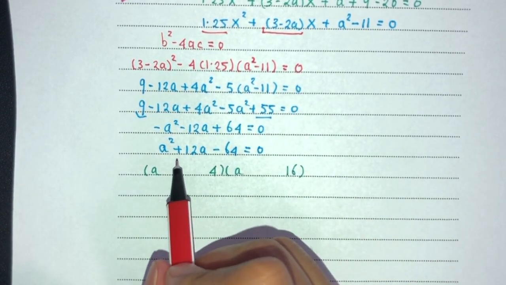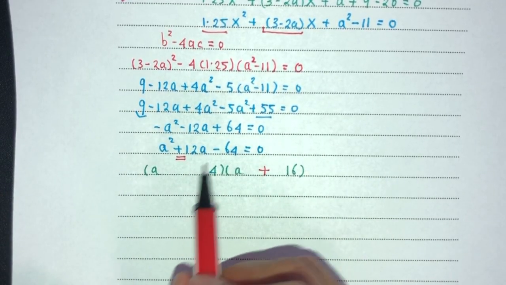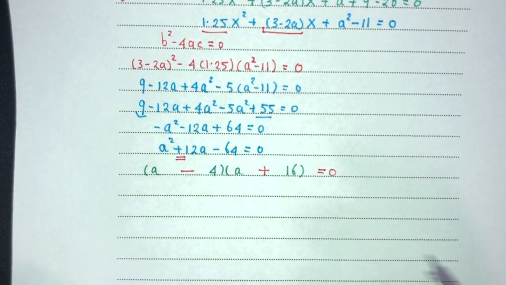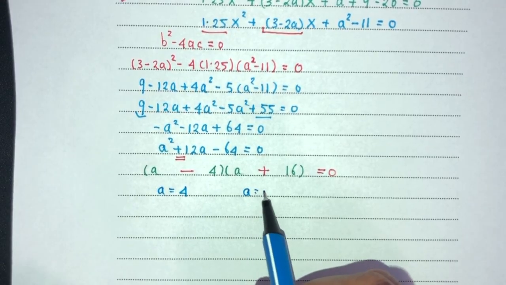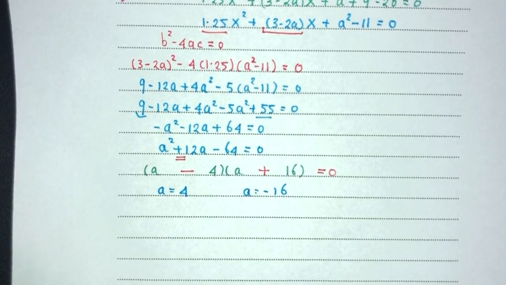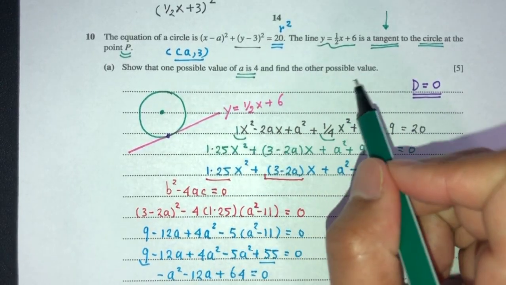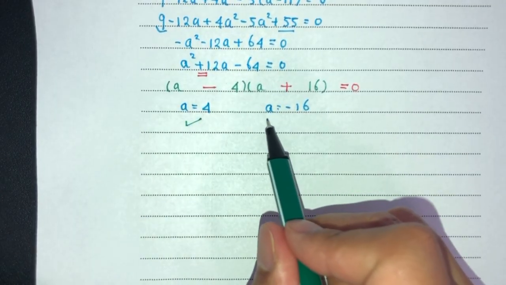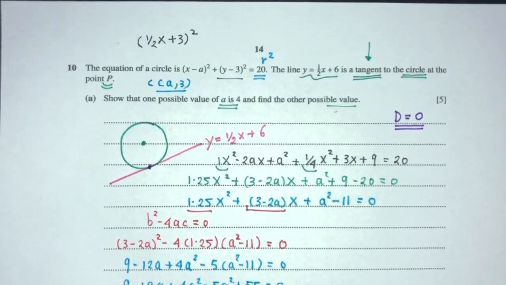Now to get the value of plus 12, I have to have plus 16 and minus 4. Now solve, obviously this is good to go. So the value of a can be 4, or the value of a could be minus 16. So the question asks you to show that one possible value of a is 4, and find the other one. So we have shown that one of the possible values is indeed 4, and the other one is minus 16. And this is your answer for question 10 part A.